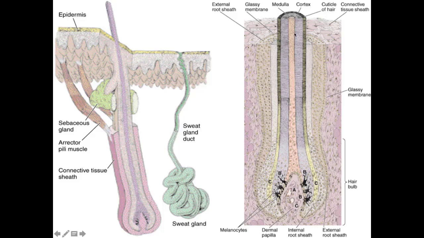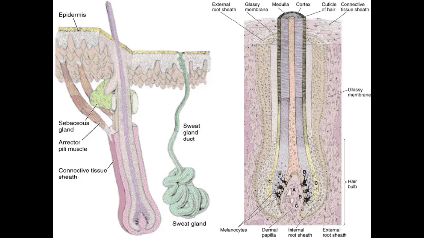So the hair itself has three layers, from the inner toward the outer surface. It's the inner medulla. The medulla forms the central part of the shaft within the thick hair.